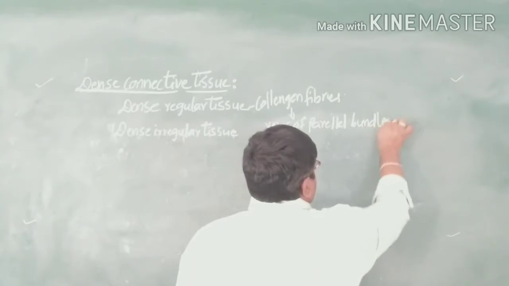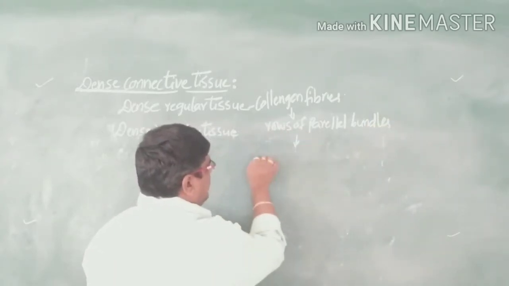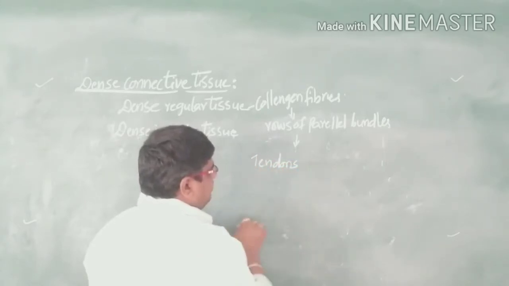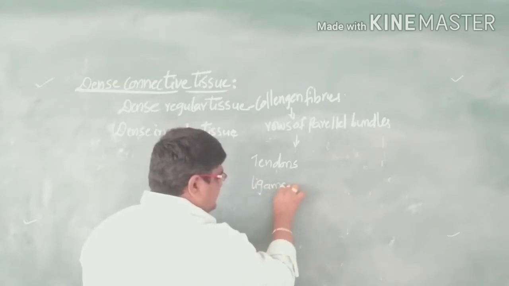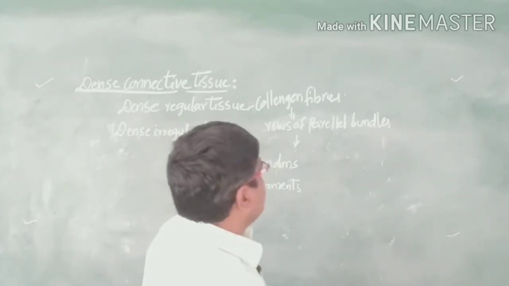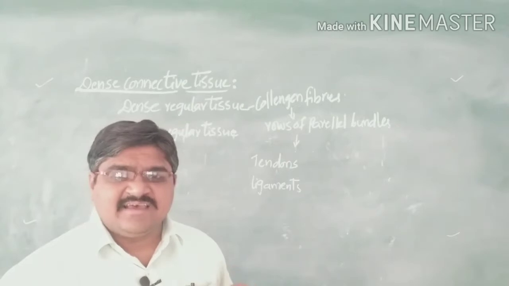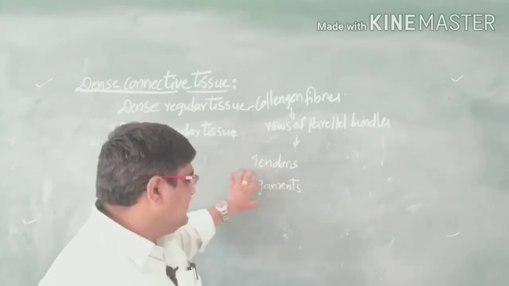In between these, two types of structures are present, one we call tendons, and the second we call ligaments.